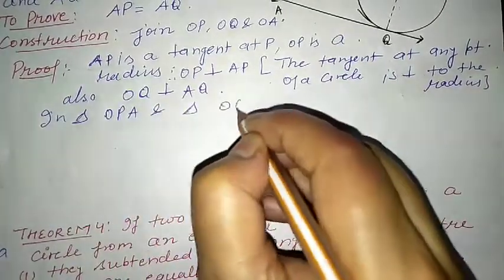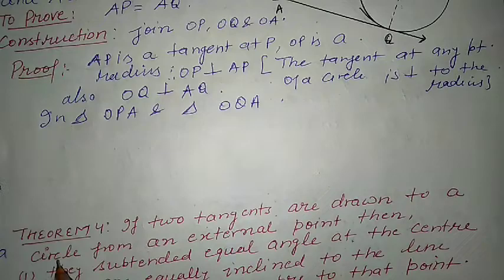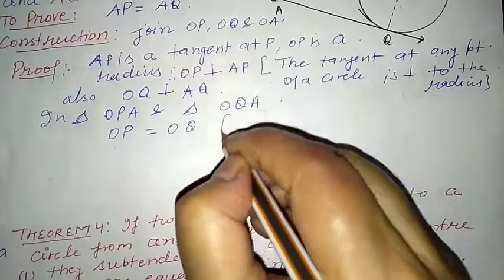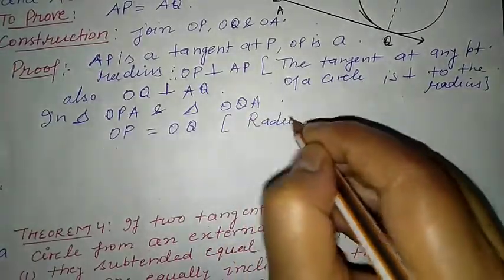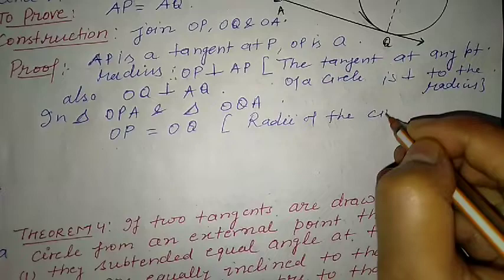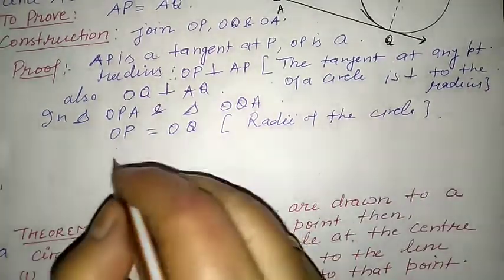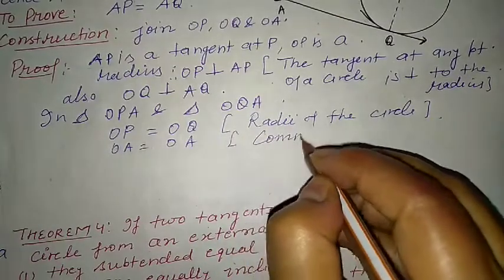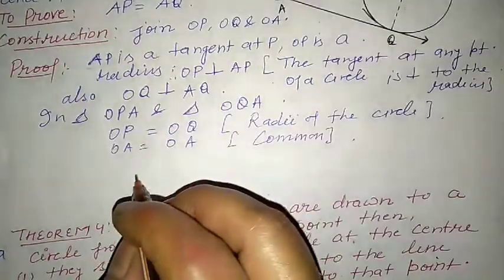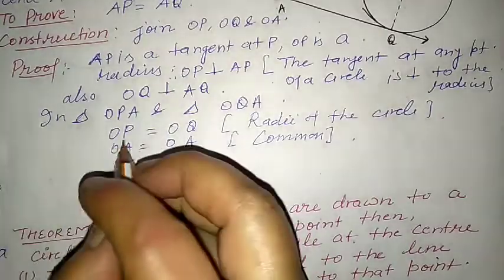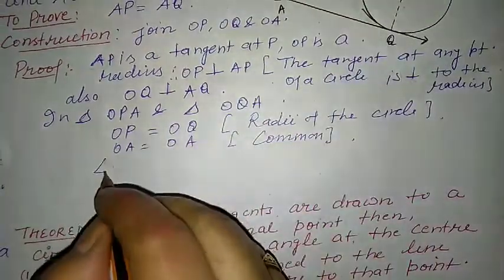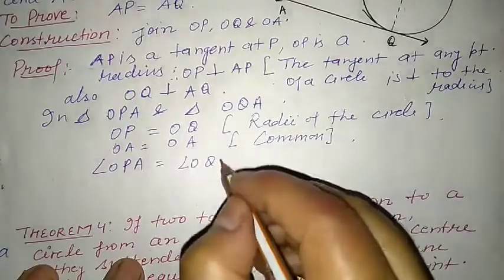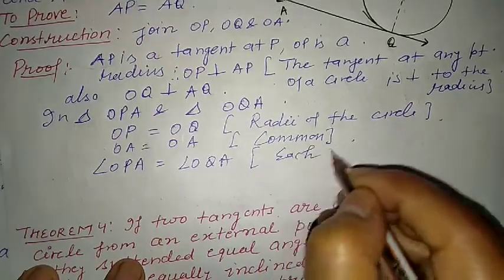Now, we will take two triangles, AOP or OPA, and triangle OQA. What we will write? OP is equal to OQ. Why? Radii of the same circle. Then we will write OA is equal to OA, that is common. Then we will write the angle OPA is equal to angle OQA, each 90 as we have proved above.